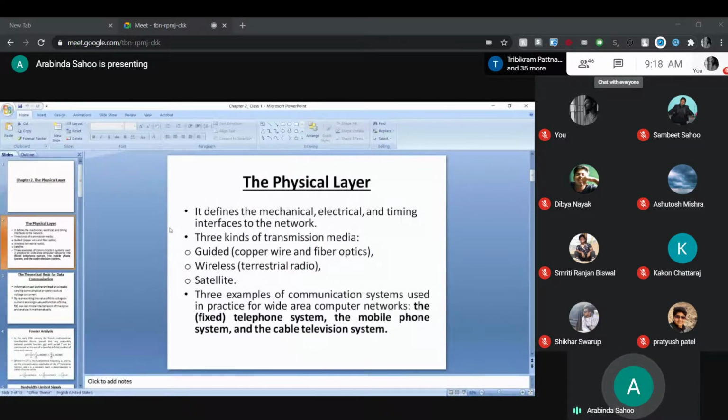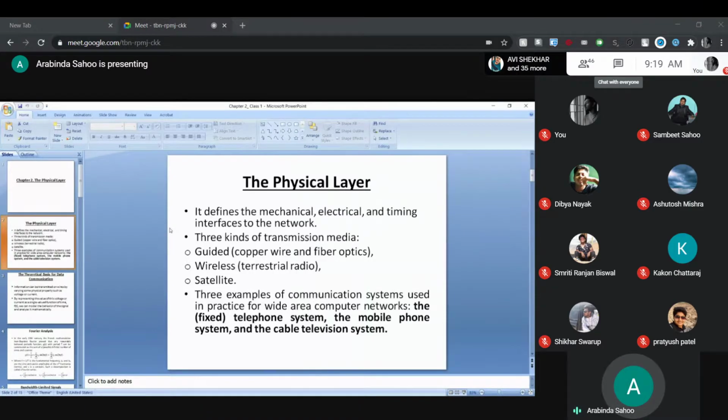So first you have to convert into an electrical pulse, and each electrical pulse is associated with some time. So if zero represents 1 volt, it must carry some time period. This is your timing interface. Simply write down, the physical layer defines the mechanical, electrical, and timing interfaces to the network.